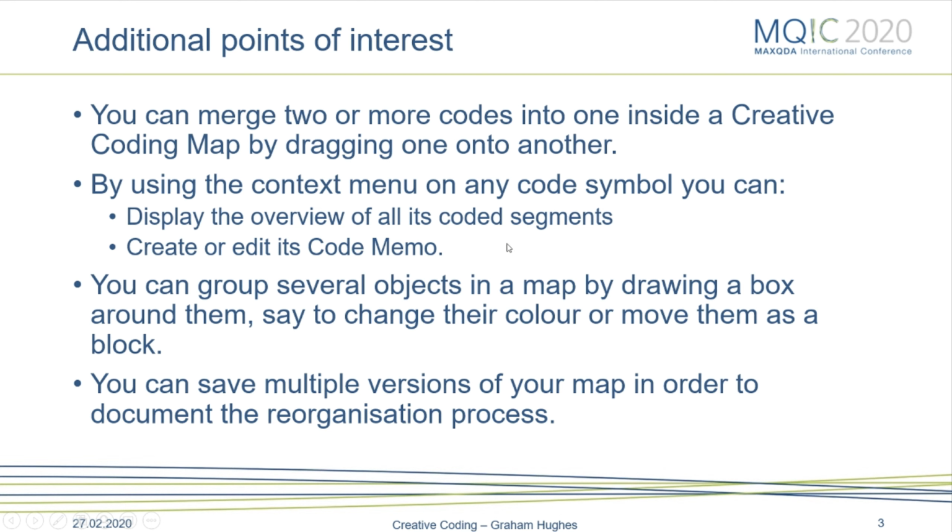You can create or edit the code memo. And also, I didn't demonstrate this, but if you want to change a whole group of codes, color, draw a box around them, and you can group them and do things to that group as one. And save multiple versions of your map in order to document the reorganization process. So that concludes this session on creative coding.